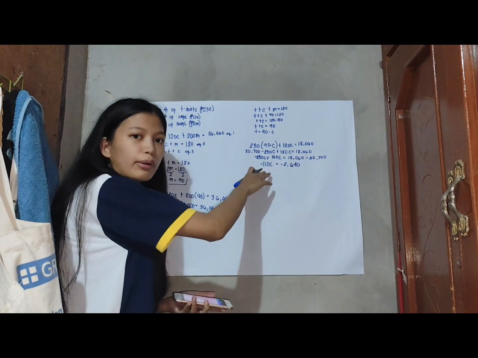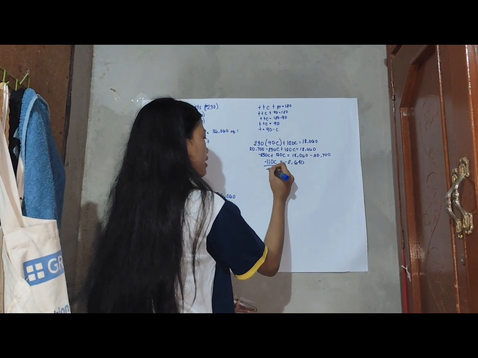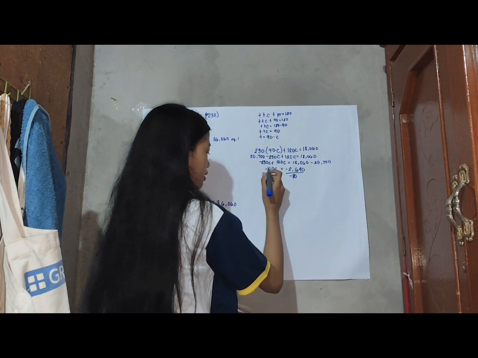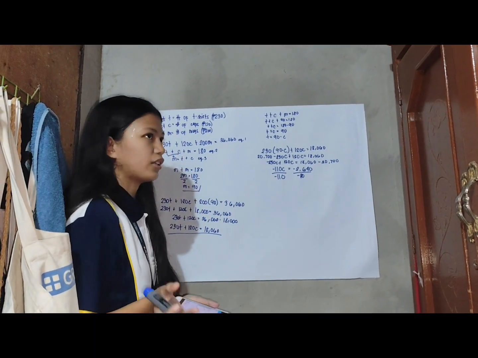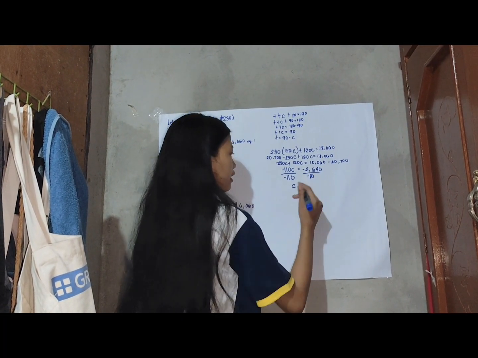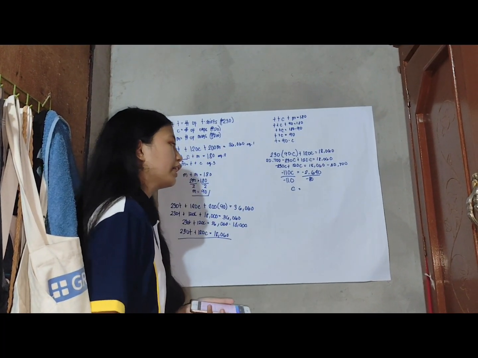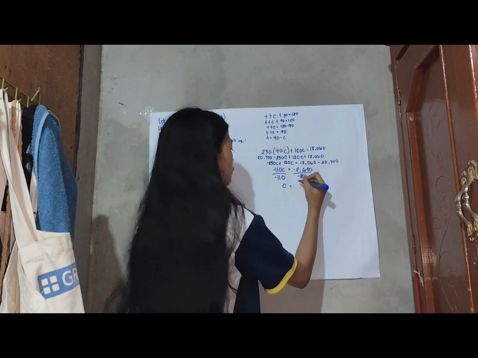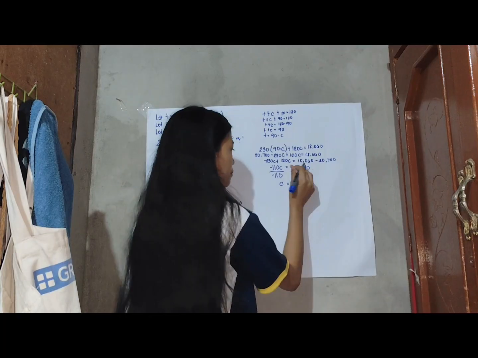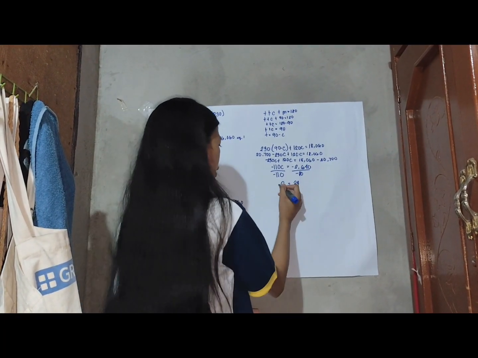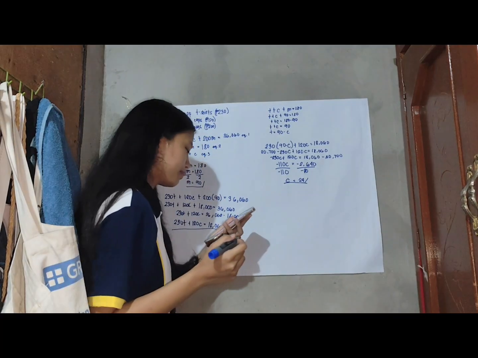Now to isolate our variable c, we divide both sides by 110. So negative 110 over 110 is equal to 1, so this is just c. And then negative 2,640 divided by negative 110 is equal to 24, since negative divided by negative will be positive. So we have here the value of c.